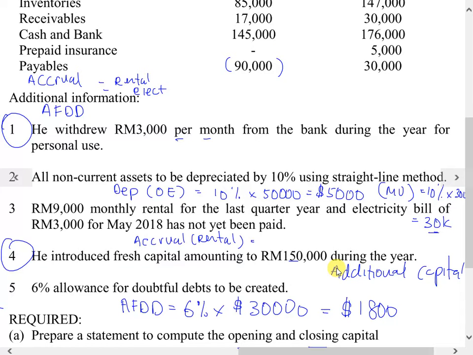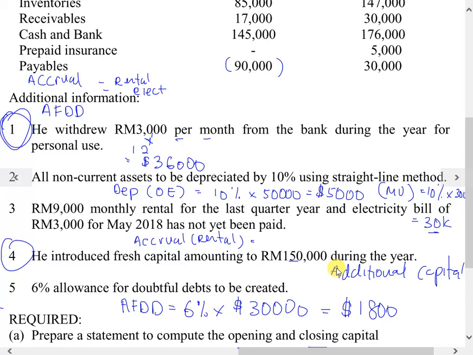So how much withdrawn? Times 12 months, withdrawn 36,000. Do I have to adjust here? No need. Drawing will appear in my profit calculation later, so I put a circle here. This one is for me to find my profit later. Okay, 3,000 times 12 months.